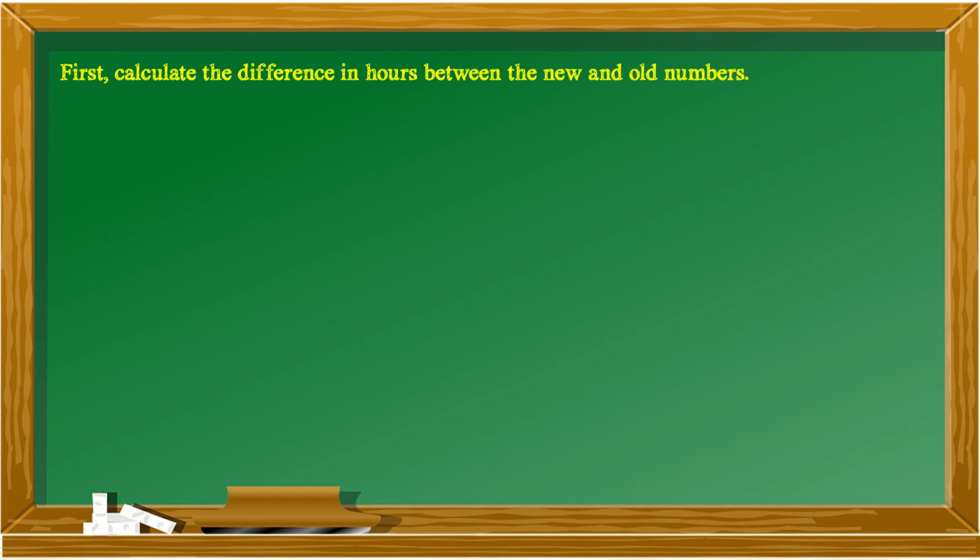First, to find the increase in rate, calculate the difference in hours between the new and old numbers. So the new number is 45 and 5 tenths. Subtract the old number, 35, and that will give us the answer 10 and 5 tenths.